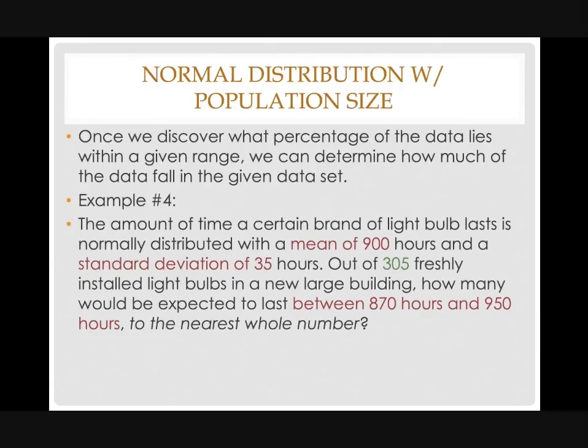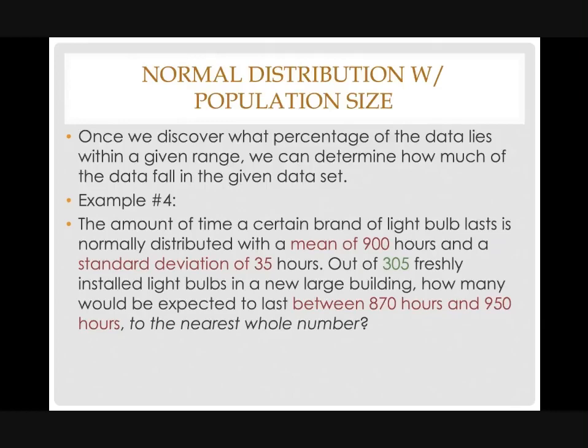So, normal distribution with population size. Once we discover what percentage of the data lies within a given range, we can determine how much of the data falls within the given data set. So in this example, the amount of time a certain brand of light bulb lasts is normally distributed with a mean of 900 hours and standard deviation of 35 hours.